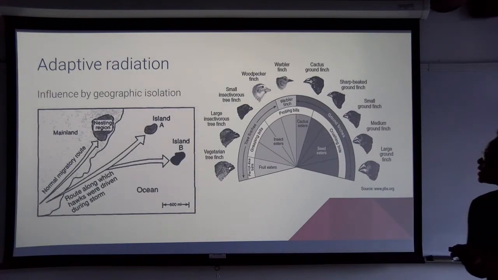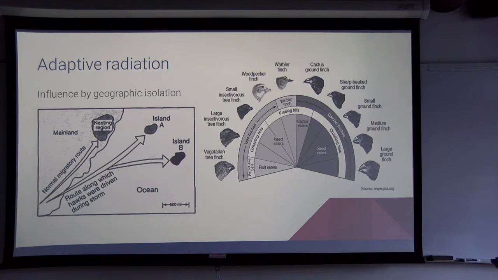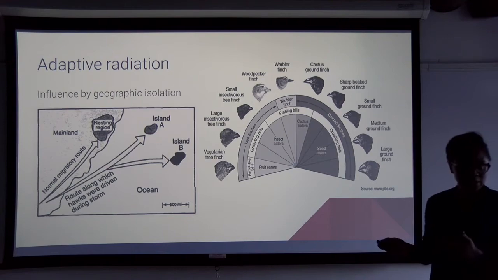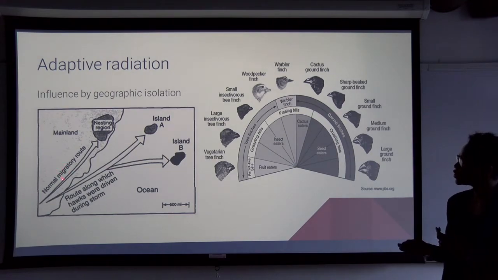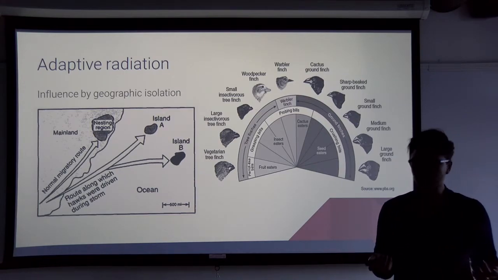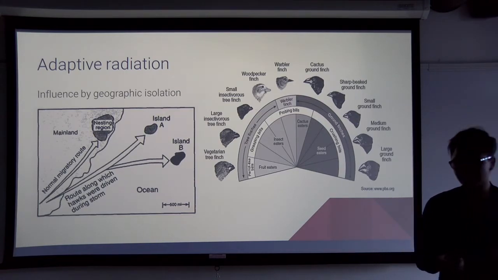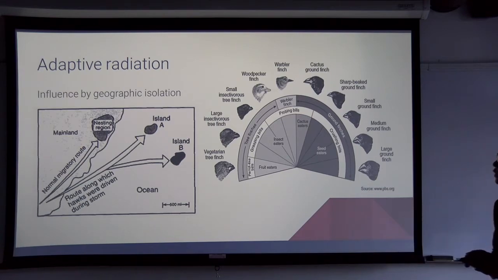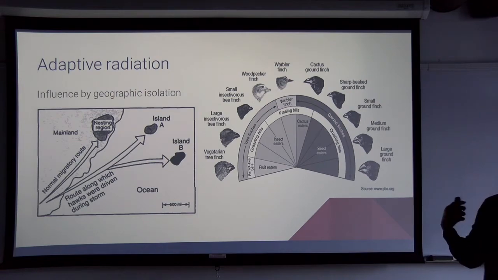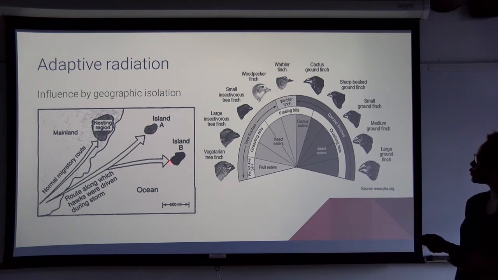Here's another concept. This is adaptive radiation, where we have geographic isolation. So remember, in the Beaks and Finches lab, the discussion is that the animals from South America migrated to different islands. So you guys discussed the Galapagos Islands, where Darwin did a study and came up with the theory of natural selection. As they ended up at different islands, due to maybe a storm or drifting on wood, for different reasons, the islands had different characteristics.